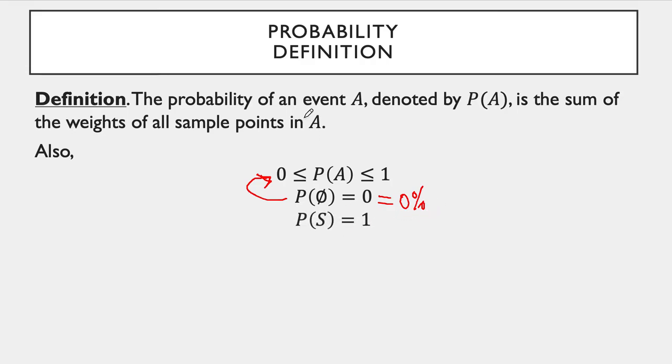If you have a sure event, it's 1, or 100%. A sure event is the maximum. You're really sure that it will happen. Our impossible event is our minimum. That's really sure that it will not happen.